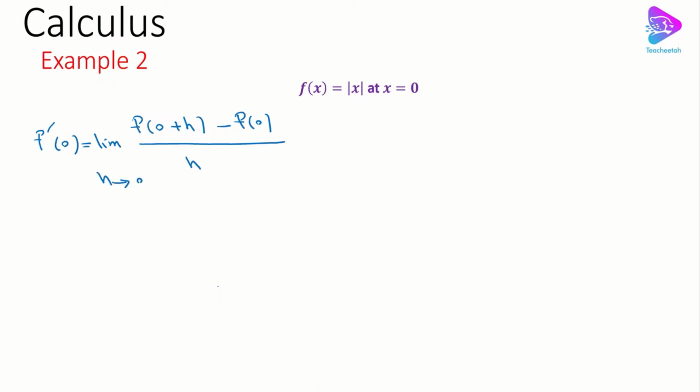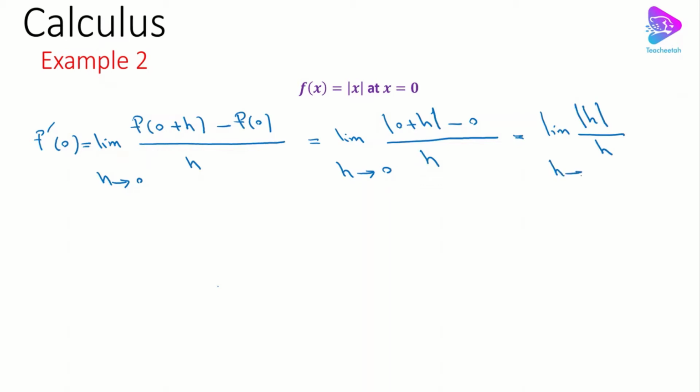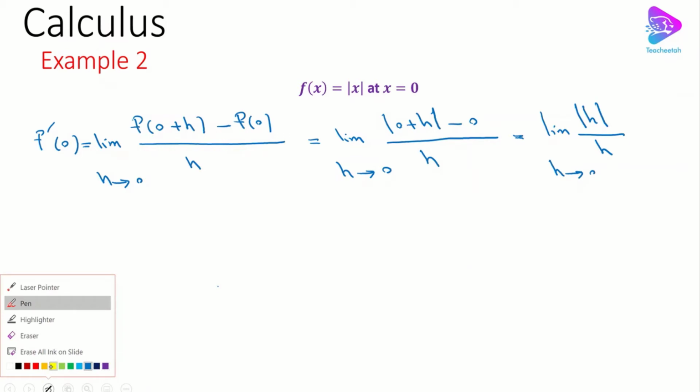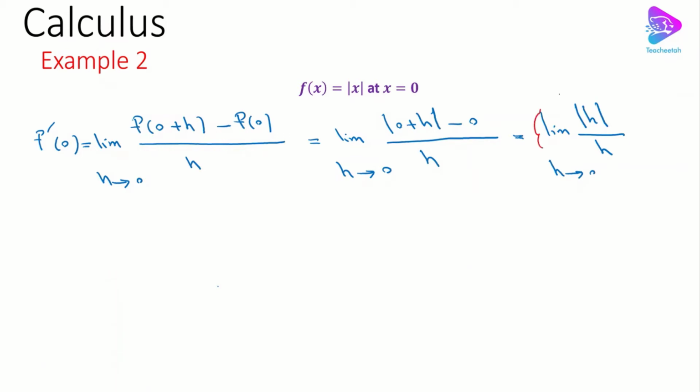What we will get is the limit of the absolute value of 0 plus h, minus 0, over h when h is approaching 0, and this will generate the limit of the absolute value of h over h when h is approaching 0.